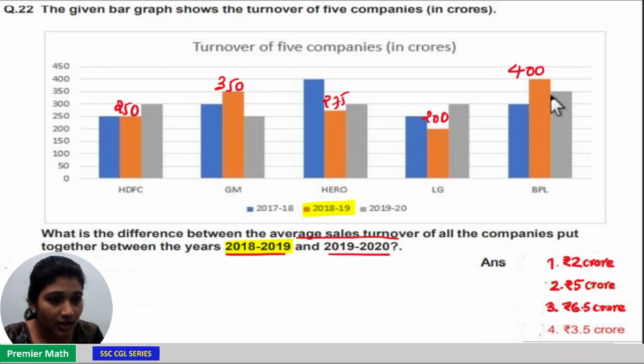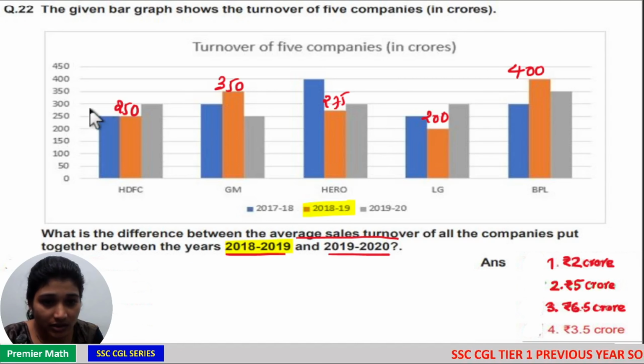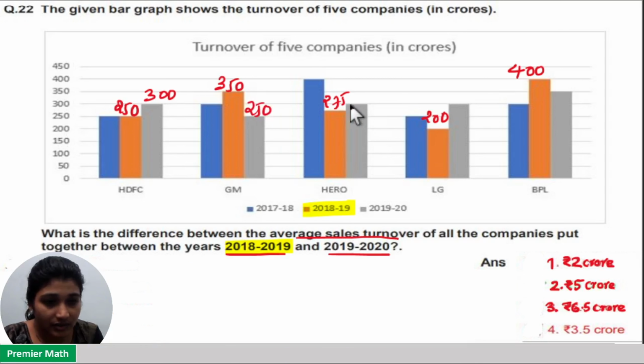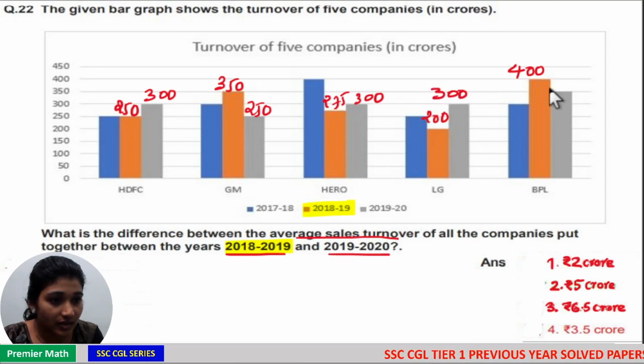Now in gray, that is from 2019 to 20, first company it is 300, here it is 250, and here it is 300, here this one is 300, and here this one is 350.